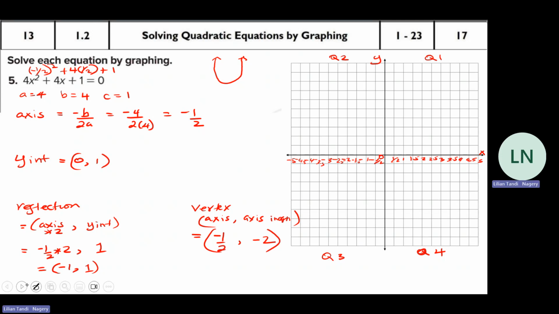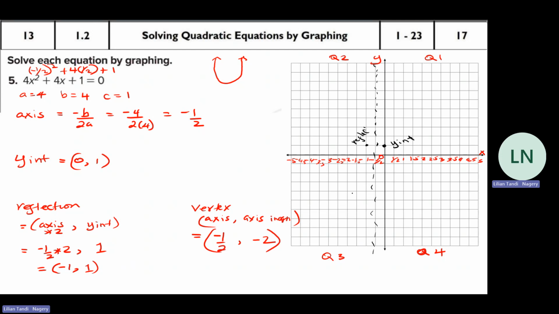Your axis of symmetry will be here, at negative half, like that. Your y-intercept 0, 1 will be here. Reflection will be, because the y-intercept is one box from the axis, reflection should also be one box from the axis.